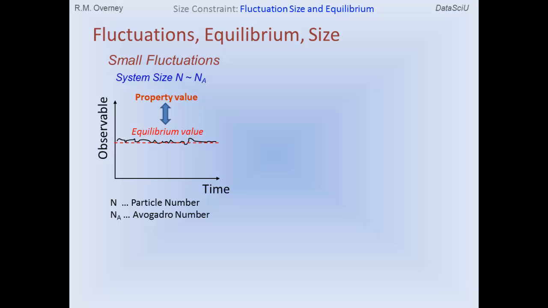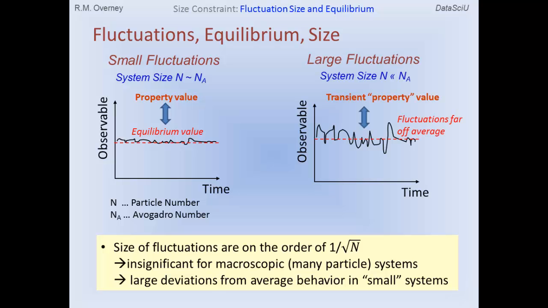Comparing a macroscopic thermodynamic system containing a large number of molecules to a nanosized system with a small number of molecules as compared to Avogadro's number, we notice small versus large fluctuations in the observable. As the size of the fluctuations is on the order of 1 over the square root of n, where n stands for the number of molecules in the system, large systems exhibit vanishingly small fluctuations in the values of their observables.